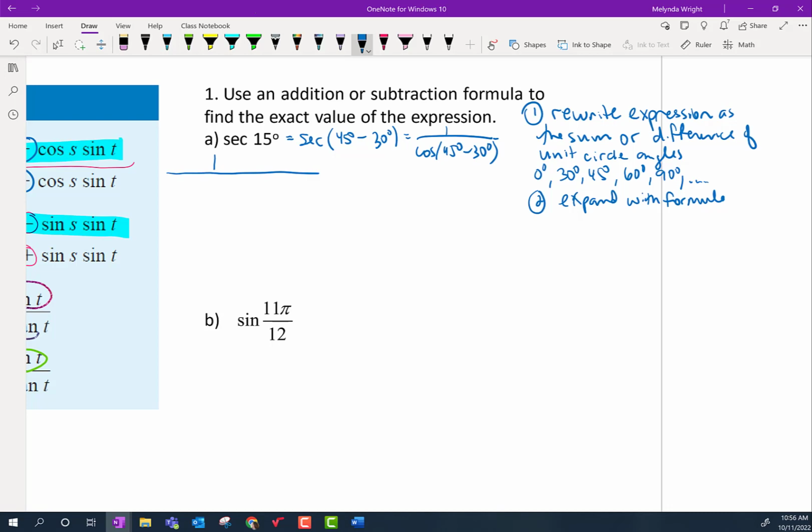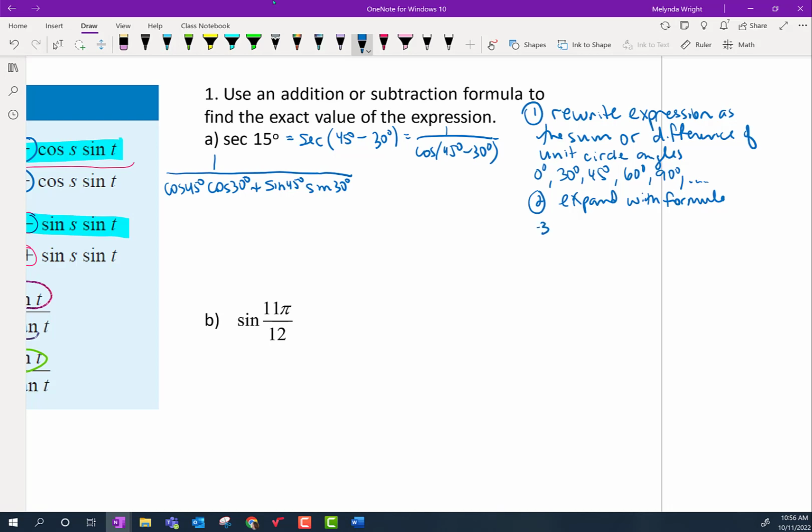So it's going to be cosine 45 degrees, cosine 30 degrees. And we're asking cosine to subtract. What's cosine going to do? Add, because cosine's not so nice. Add. So then sine has to come last, because that's how cosine is. So then it's sine of 45 degrees, sine of 30 degrees. Okay, so I did step 2. I expanded with the formula.